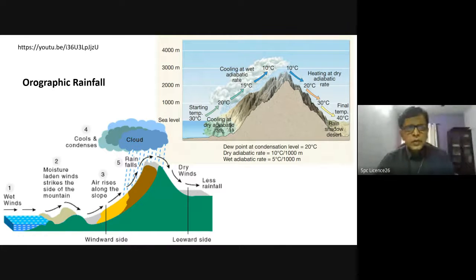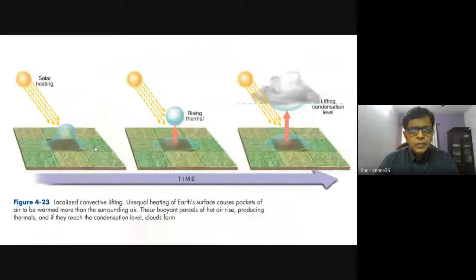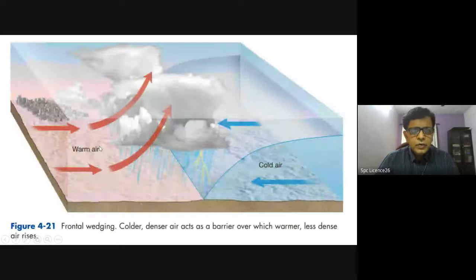So we have seen these various types of rainfalls that occur, orographic and convectional, and this is how air mass will rise. And we have spoken about the various ways in which air masses are made to rise.